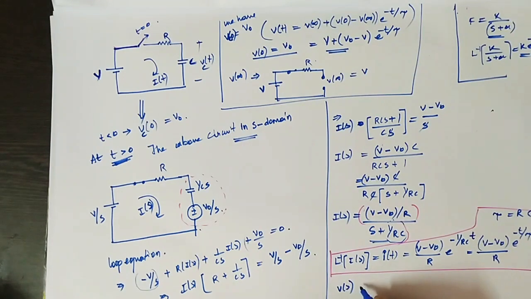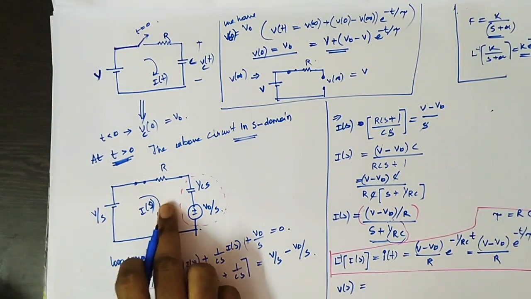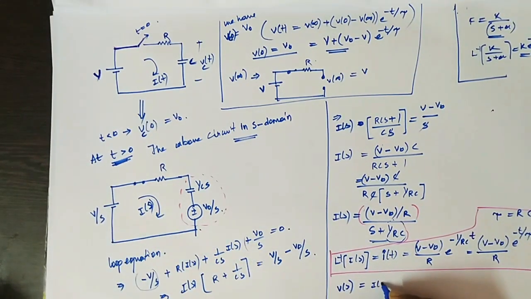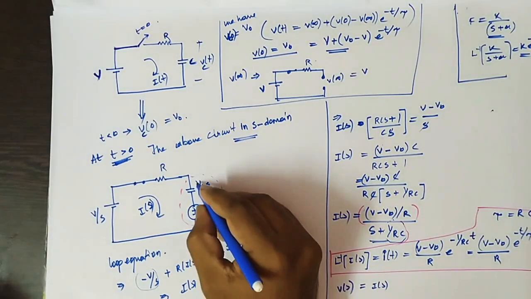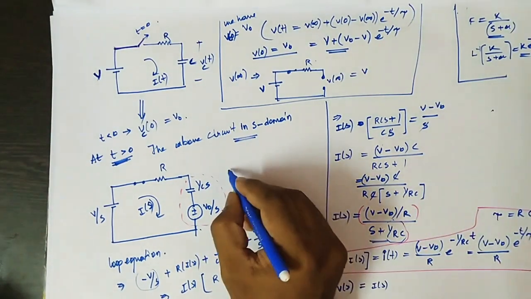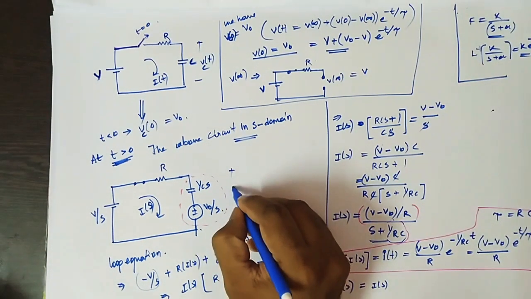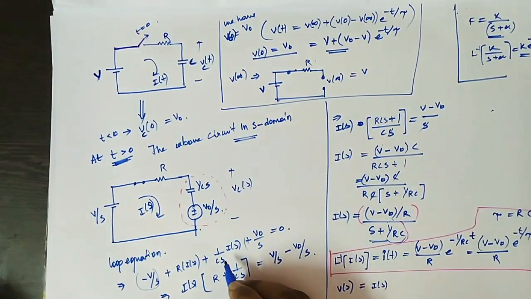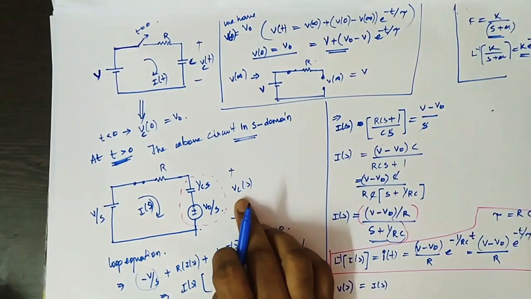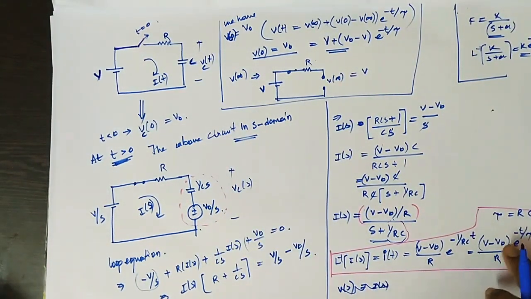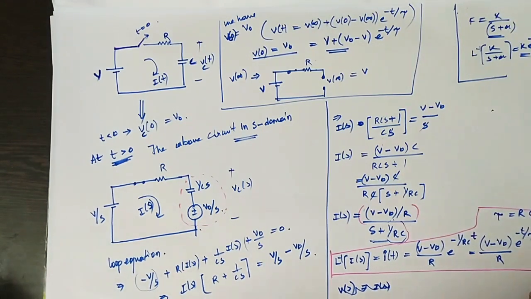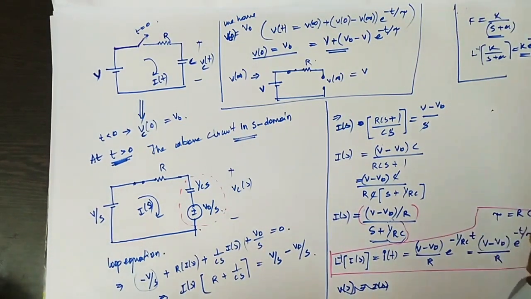So v of s equal to I of s into... this is Vc of s, let us take. So to get Vc of s, it's all in another page.